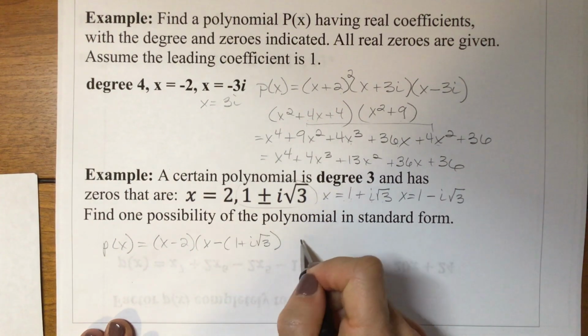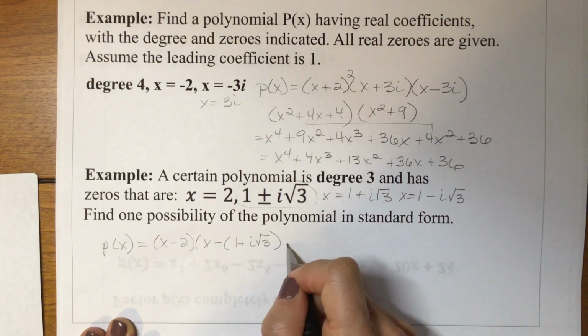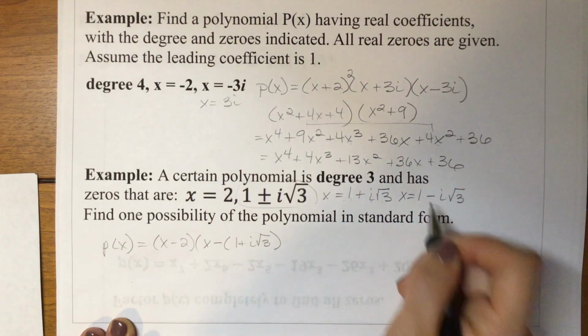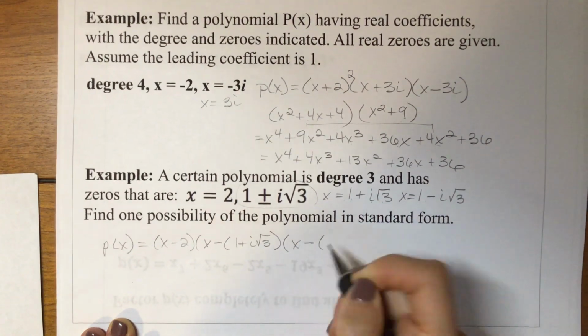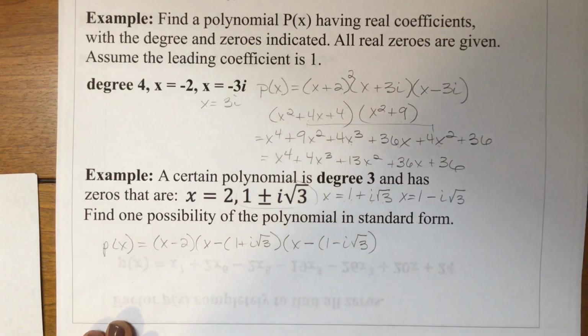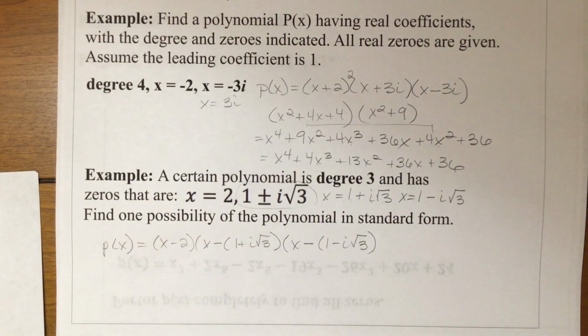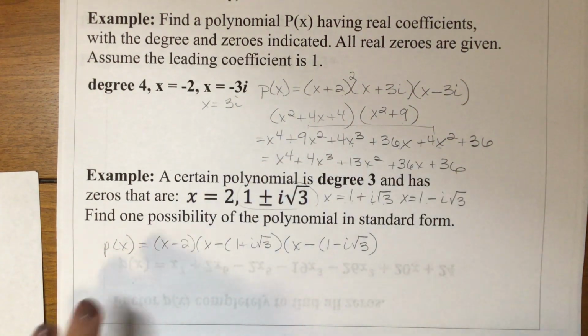And then this one is going to be also x minus 1 minus i root 3. So I subtracted them all as one complex number to the other side.